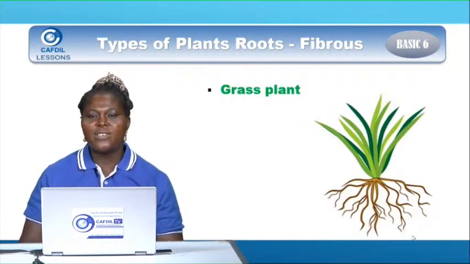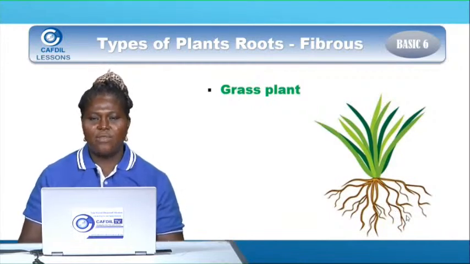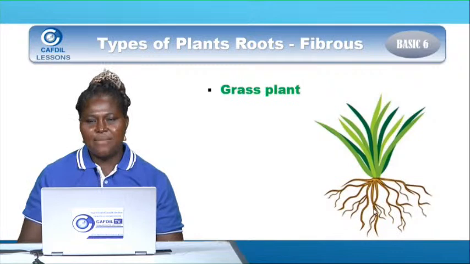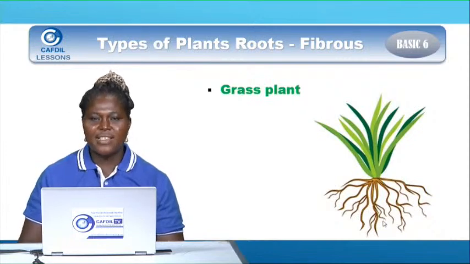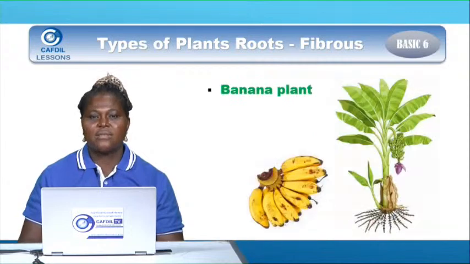I hope you have all seen the grass plants before. Yes, in our schools we have some there. If you get a chance, uproot one of the grass plants and look at it. Yes, the roots are coming from the base of the stem. So the plant has got fibrous roots.